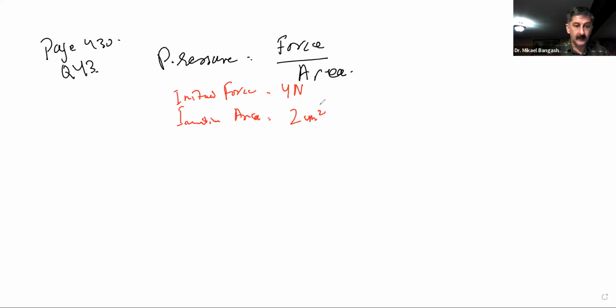Now what they say is that the force is tripled, and so is the area tripled. But let's first calculate our initial pressure. The initial pressure is going to be 4 divided by 2, so that's 2 newtons per centimeter squared.